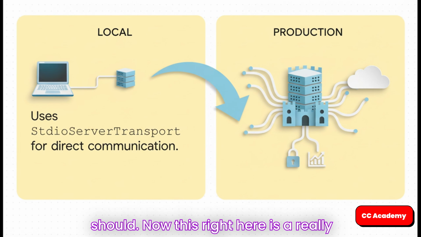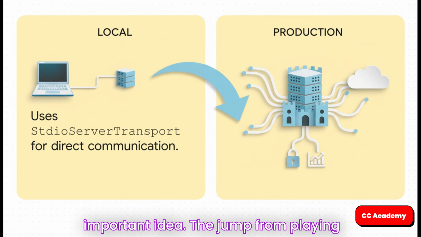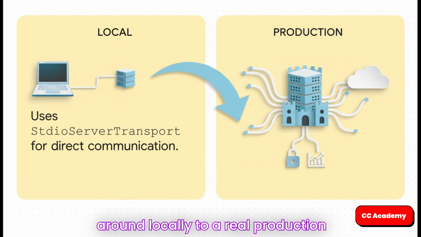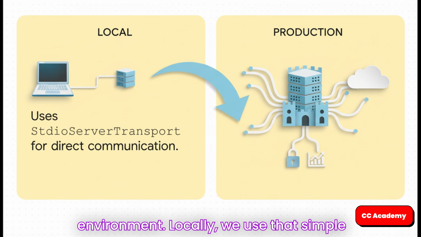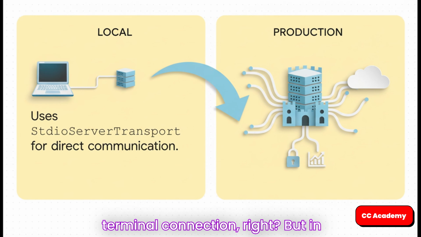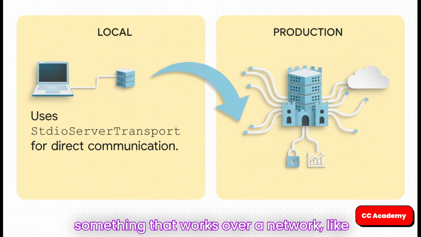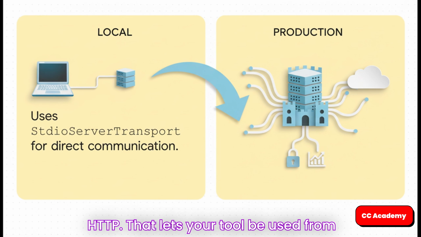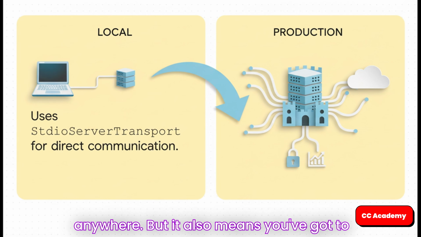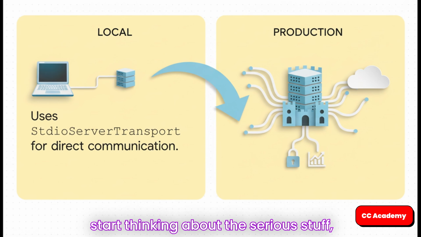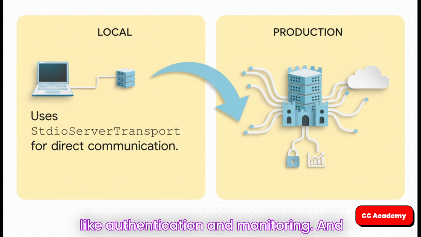Now, this right here is a really important idea, the jump from playing around locally to a real production environment. Locally, we use that simple terminal connection, right? But in production, you'd swap that out for something that works over a network, like HTTP. That lets your tool be used from anywhere, but it also means you've got to start thinking about the serious stuff, like authentication and monitoring.